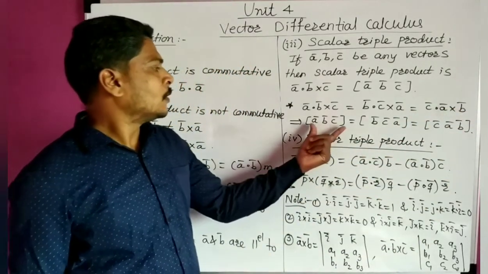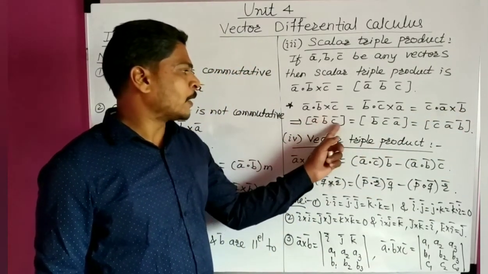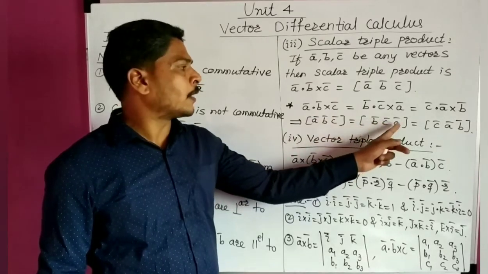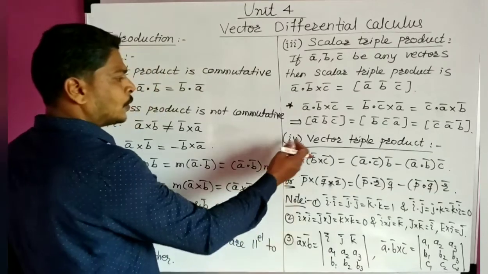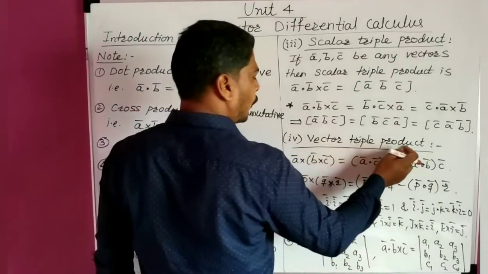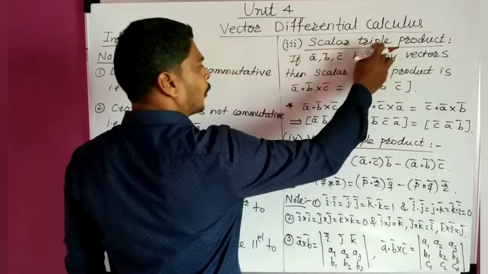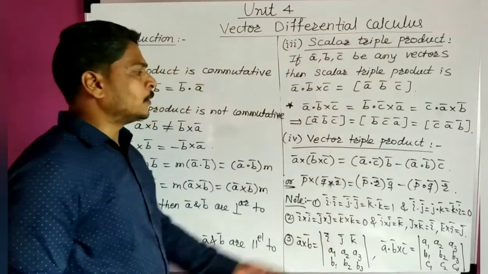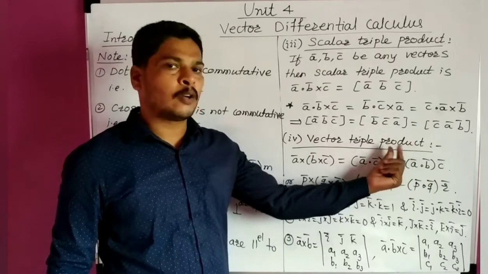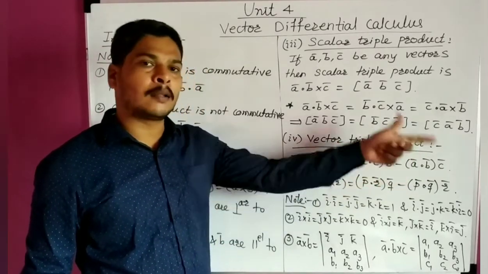So that means in square bracket a bar b bar c bar is equal to b bar c bar a bar is equal to c bar a bar b bar. Next, vector triple product. This is scalar triple product because the product of these three vectors becomes a scalar quantity. This is called vector triple product because the product of three vectors becomes another vector.